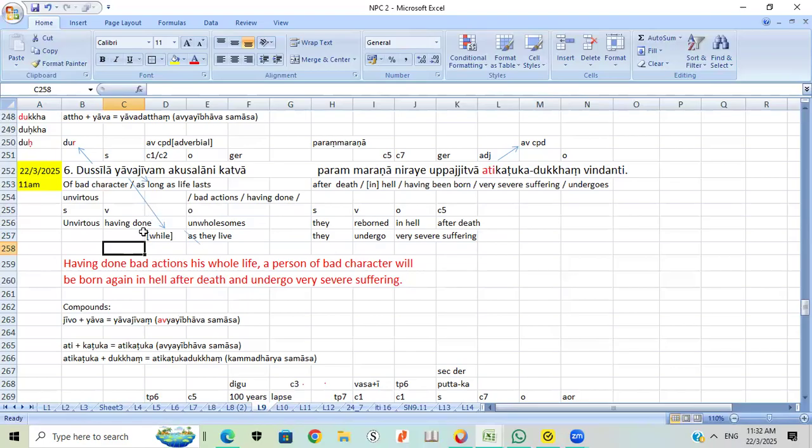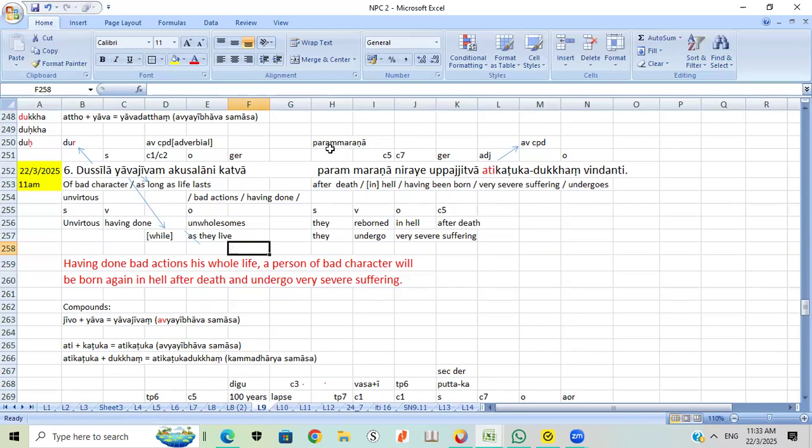So you can see there is no fixed methodology. So you see the sentences, how you construct, then you change accordingly. Yeah, so that means this is a subject verb object. As they live, so as they live or while they live. So the moment you put while, you put they live, as they live. Right.